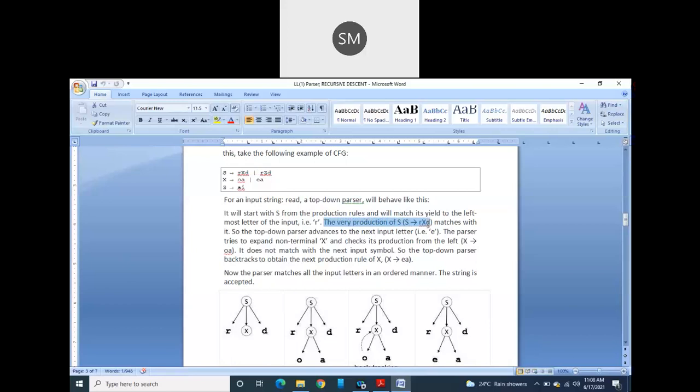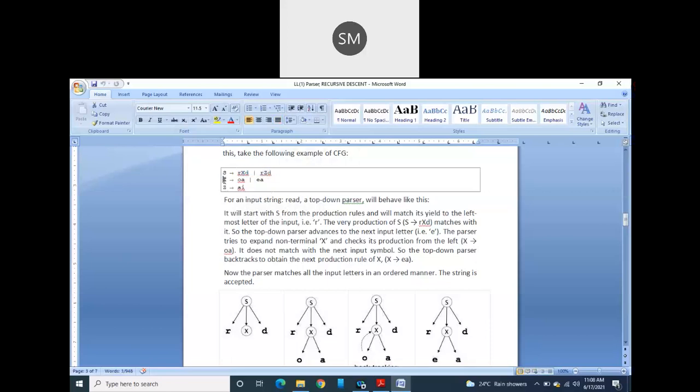Then our top-down parser takes the very first production of S, and it matches.